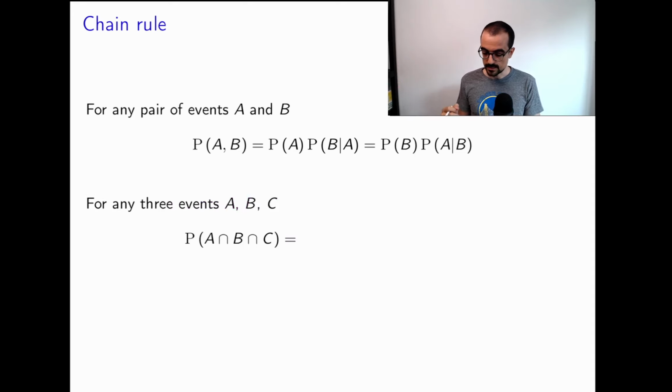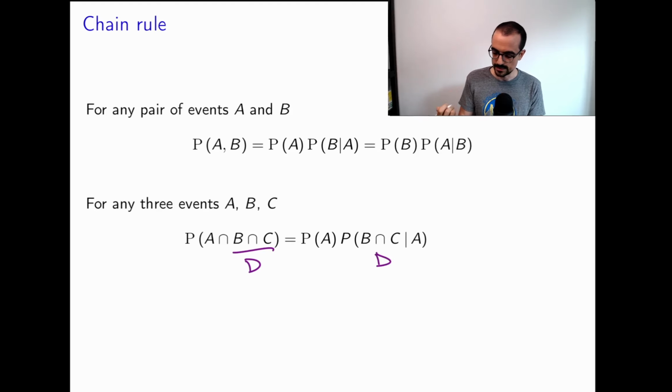When you have 3 events, you can do this in 2 steps. First, you consider the event B intersection C, which, to make it a little bit easier, you can call the event D. Then the probability of A intersection D is the probability of A times the probability of D conditioned on A, just by the chain rule between 2 events.